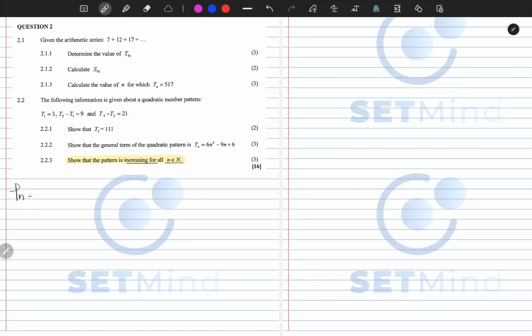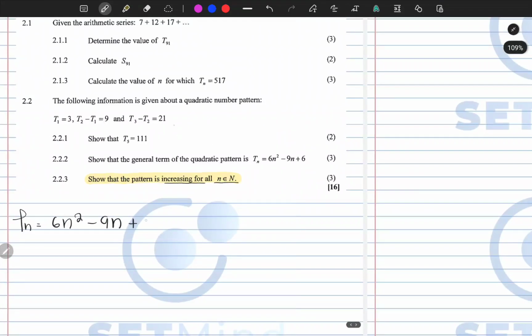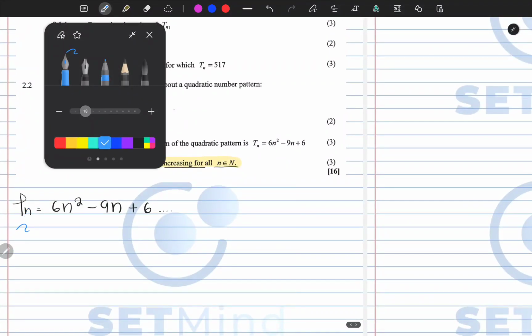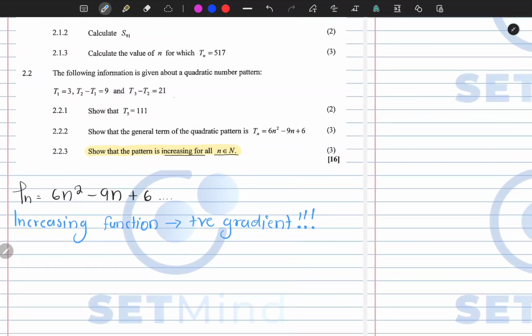So let's write our Tn, which is 6n squared minus 9n, and then plus 6. If you remember, how do we see when a function is increasing? What you should know by now is that an increasing function has a positive gradient. So once a function has a positive gradient, then we know that it is increasing.